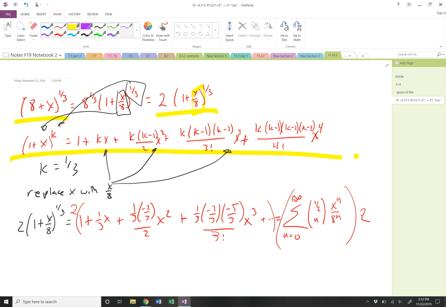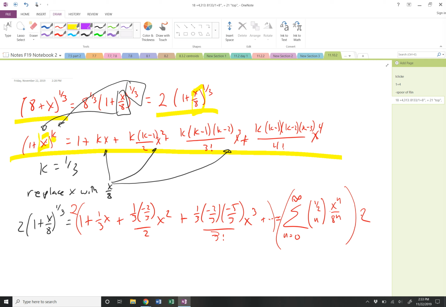That's just the general binomial series. So I know if I have 1 plus something to the kth power, I can start writing it out as 1 plus k times that something plus k times k minus 1 over 2 times that something squared, and just keep on going.